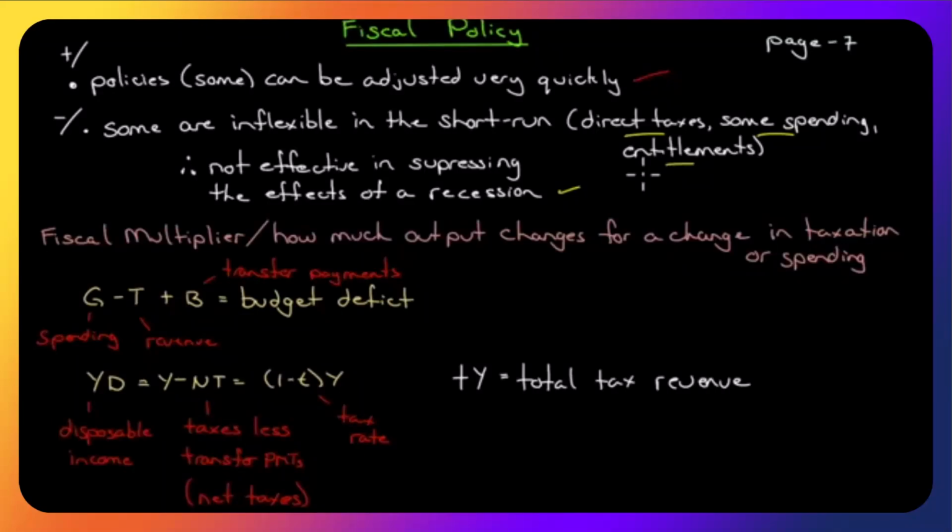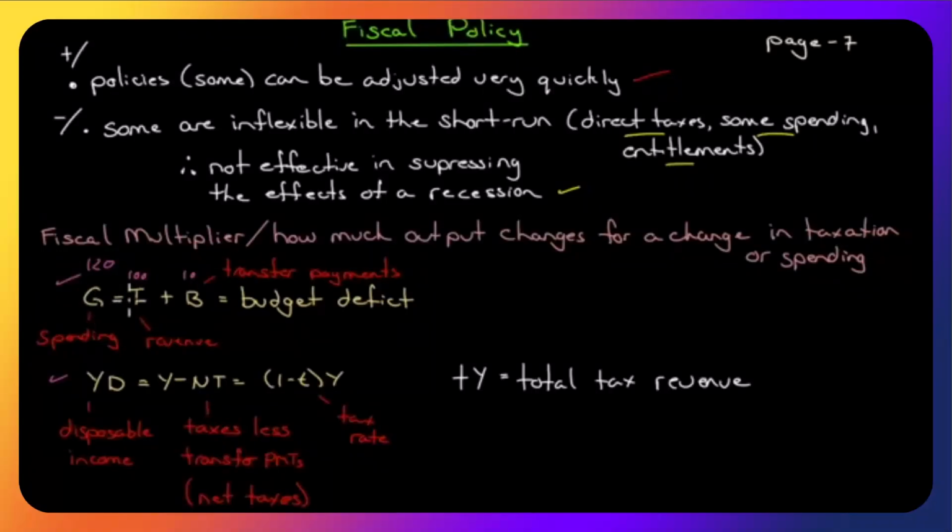Let's move on to the fiscal multiplier. To understand the multiplier, let's put two algebraic statements up. The first one is the budget deficit. Spending minus revenue plus transfer payments equals the budget deficit. To see that that works out, imagine that spending was 120, revenue was 100, and 10 were transfer payments.